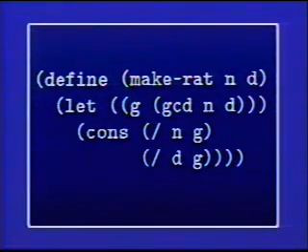So the way I can construct a rational number is get the greatest common divisor of the two numbers, and I'm going to call that g. And then instead of consing together n and d, I'll divide them through. I'll cons together the quotient of n by the GCD and the quotient of d by the GCD.